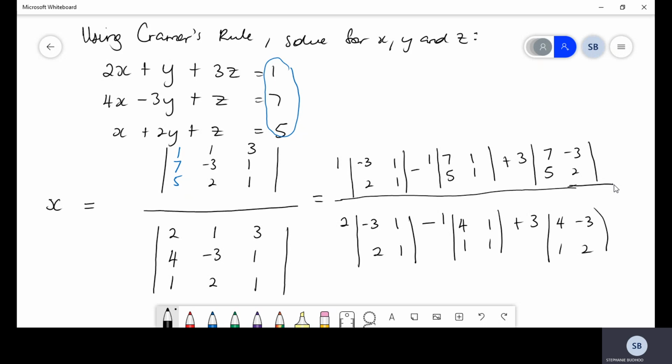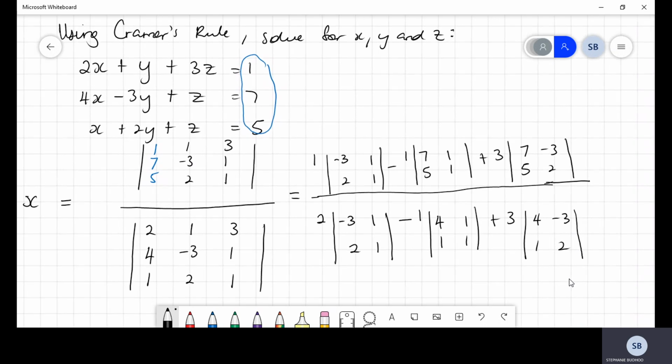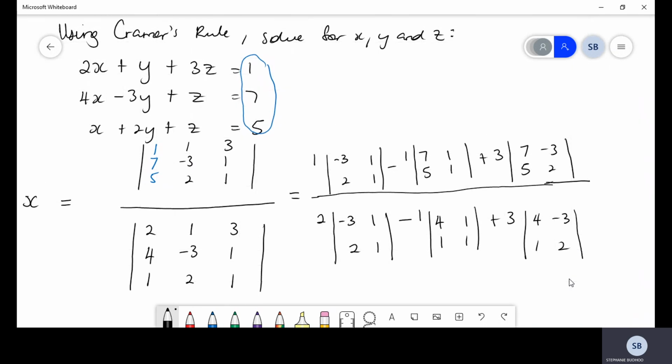Oh, I almost wrote curly brackets there, guys. Whoopsie. Right, because we're finding the determinant. So hopefully I didn't make any mistakes as I usually do in writing out all those numbers, but I think I'm good. And finally, I'll just tell you guys the answer. This is supposed to work out to give you a value of 4.